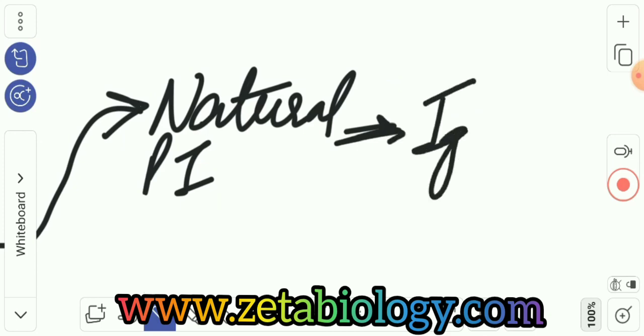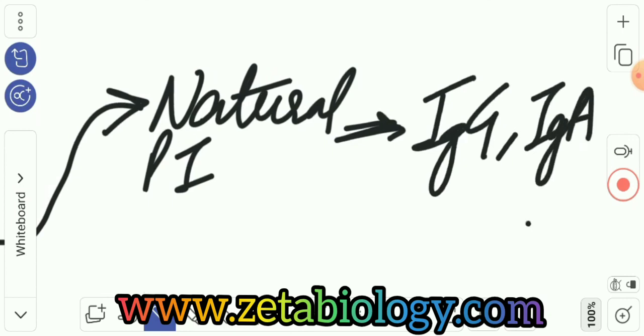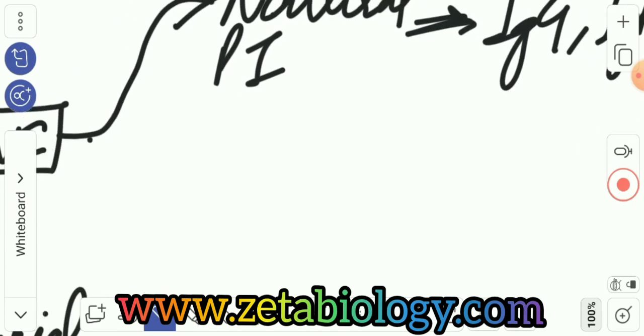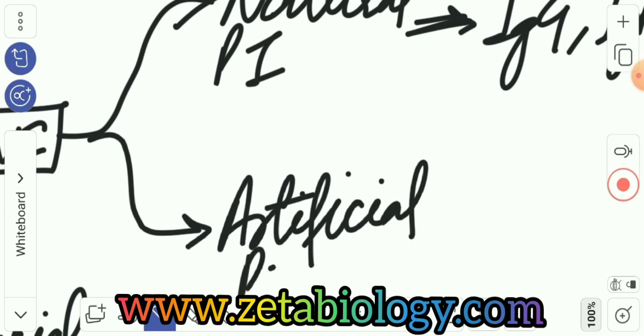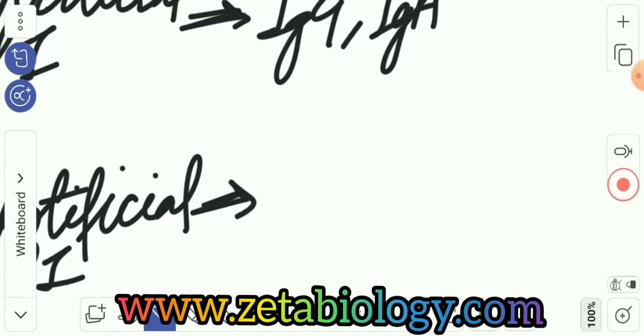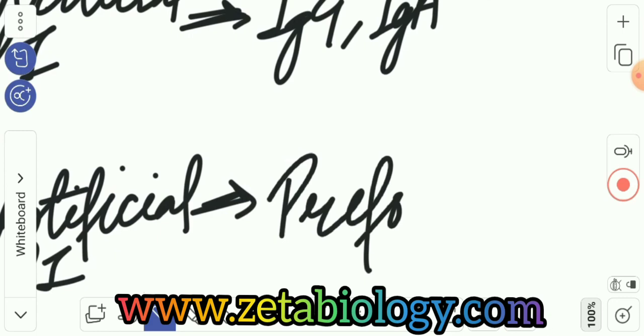This consists of IgG and IgA, and also artificial passive immunity. An example will be preformed antibodies.